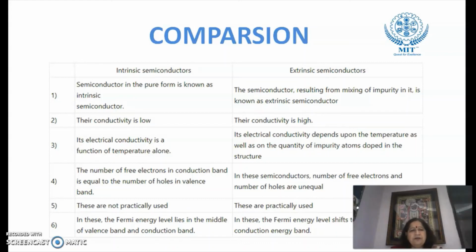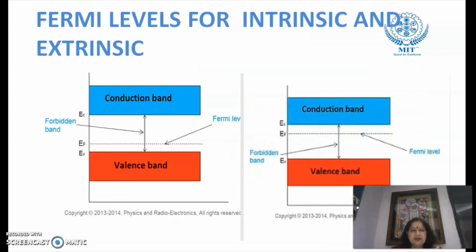Intrinsic semiconductors are not used practically, whereas extrinsic ones are. The Fermi level lies in the middle of the valence and conduction band in an intrinsic semiconductor, whereas it is shifted towards the valence band or towards the conduction band in extrinsic semiconductors.